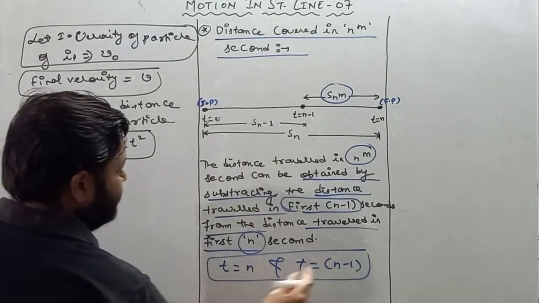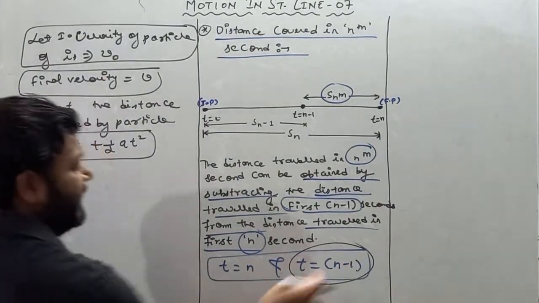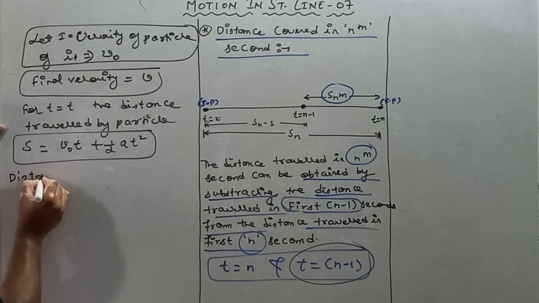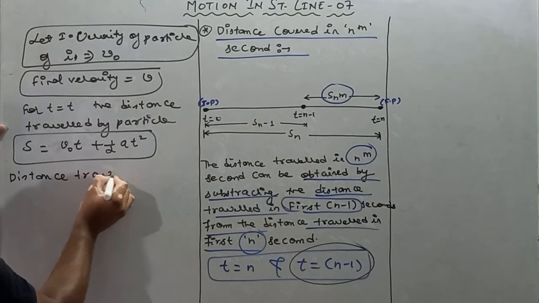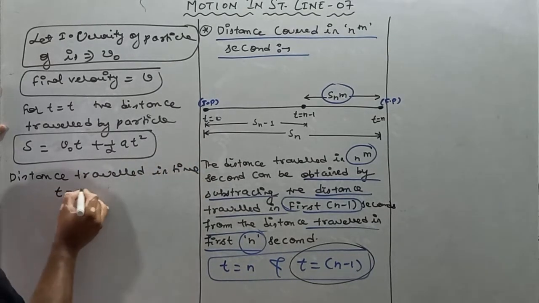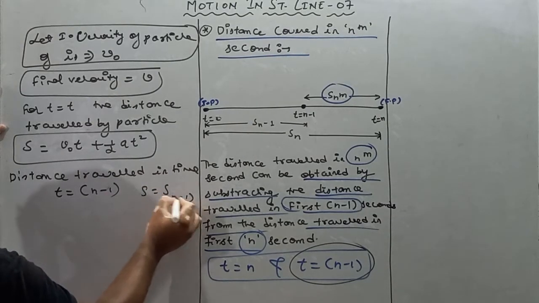So what we have to do is first write the equation of distance for t equals n minus 1 second. So the distance traveled in time t equals n minus 1. So the distance must be S n minus 1, my dear student.